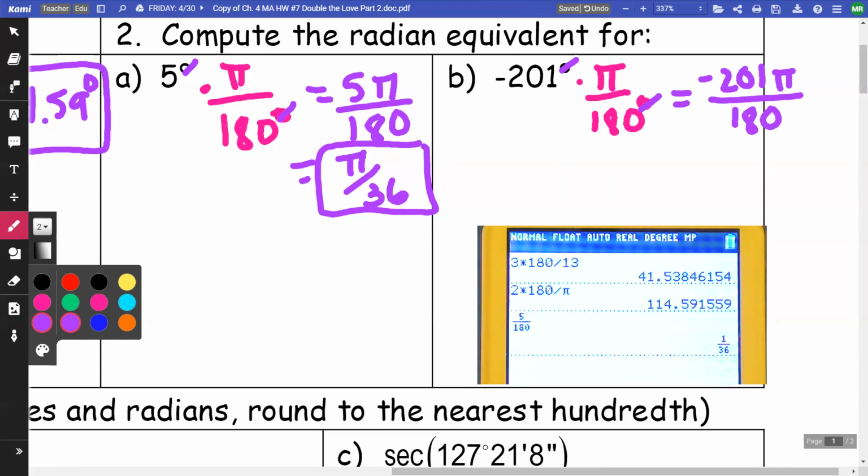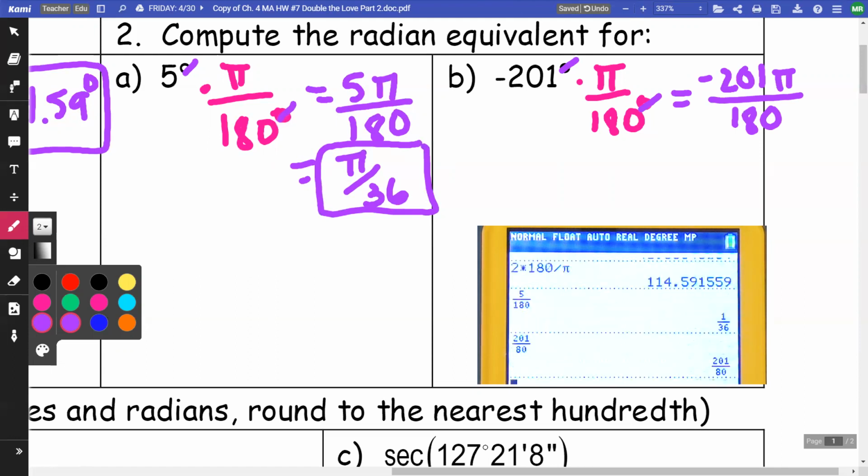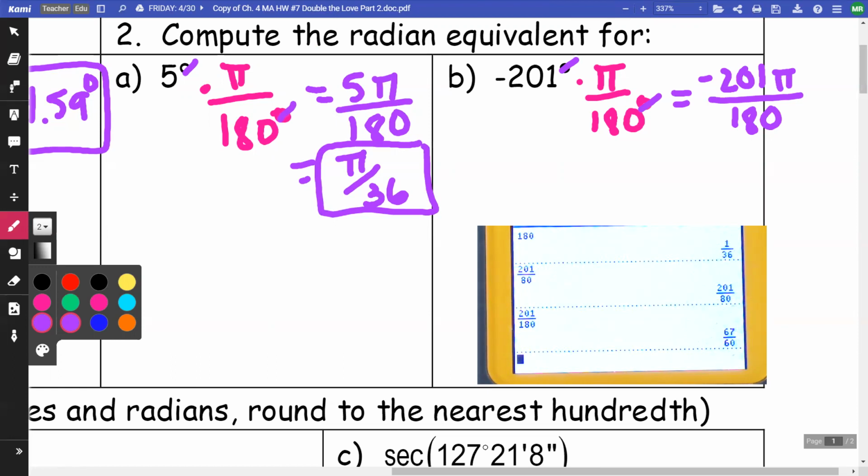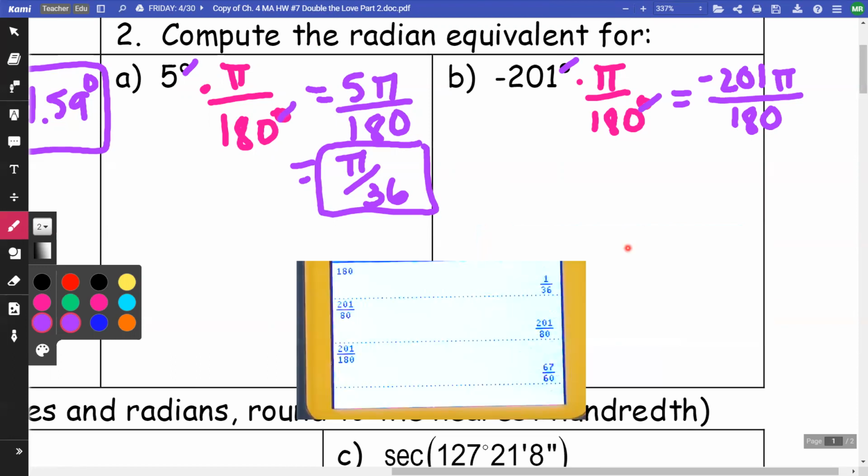Let's see, 201 over 180 is 67 over 60, so it actually does reduce down.